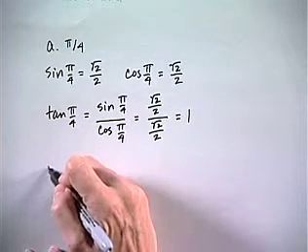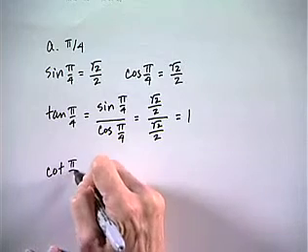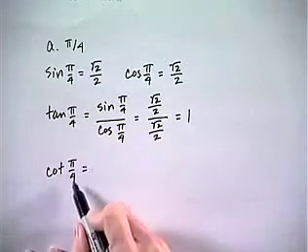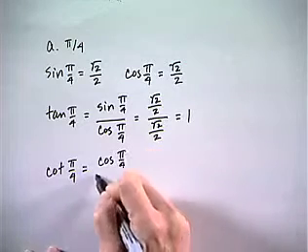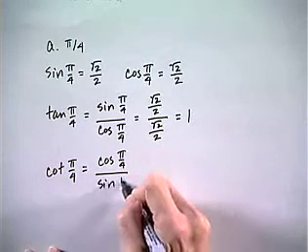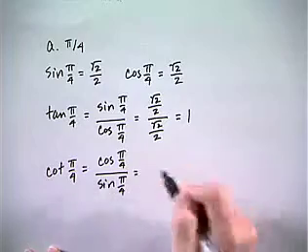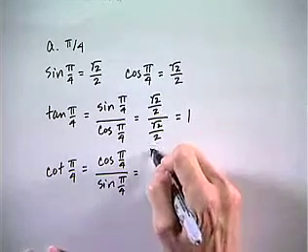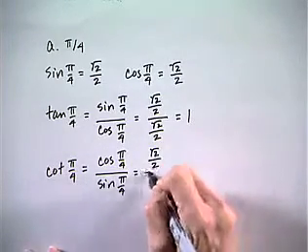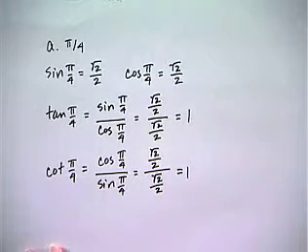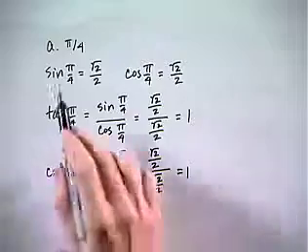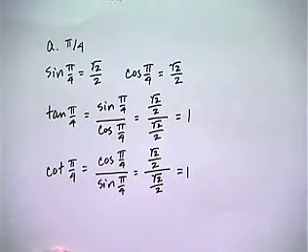Now for cotangent. Cotangent of some angle alpha is the cosine of that angle over the sine of that angle, which again is going to be square root 2 over 2 over square root 2 over 2, or exactly 1.